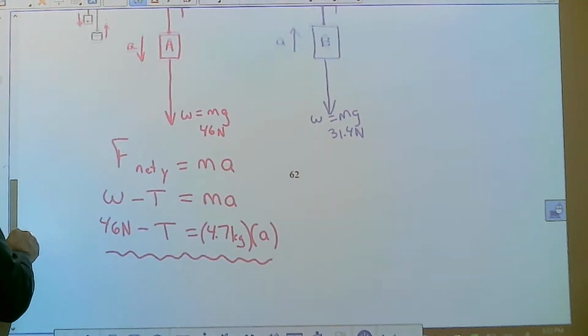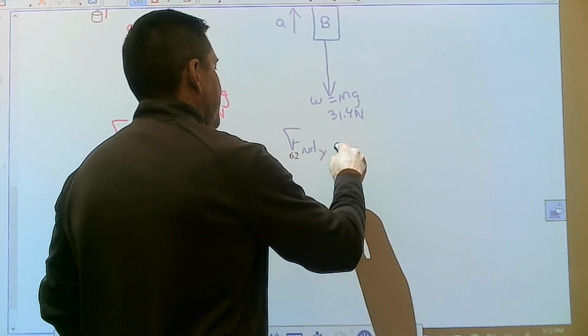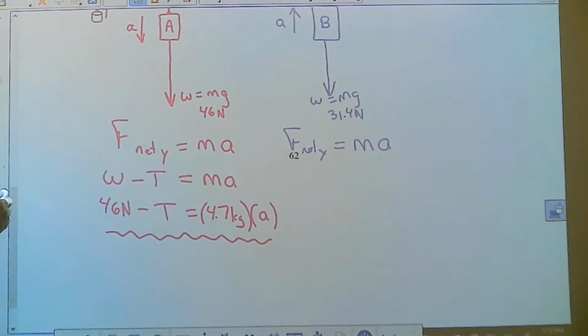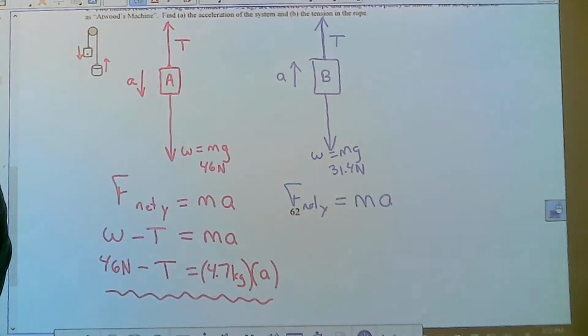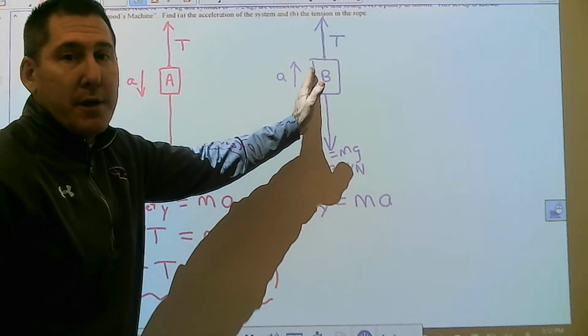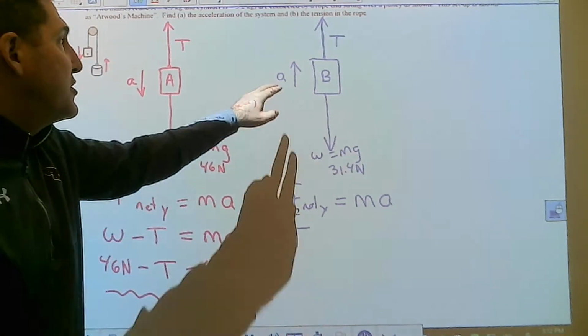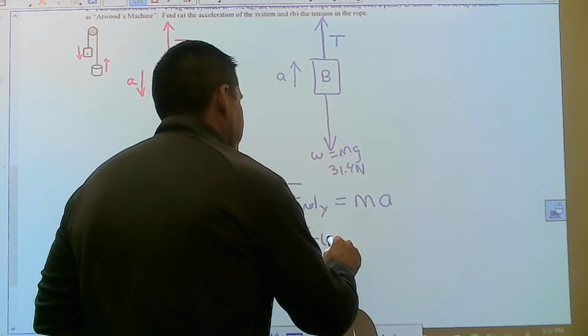So I'm going to net up my forces in the y direction to see how that mass is going to accelerate. Now B is moving up at the same rate A is moving down, but B is moving up. So notice that tension is in the proper direction that it's moving, and weight is in the opposite direction that it's moving.